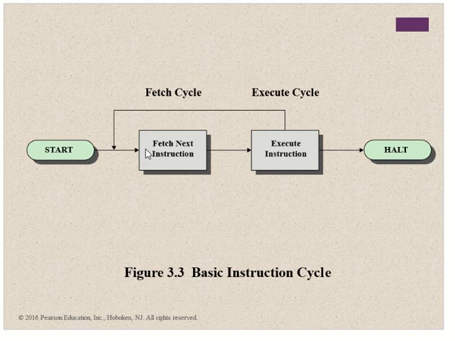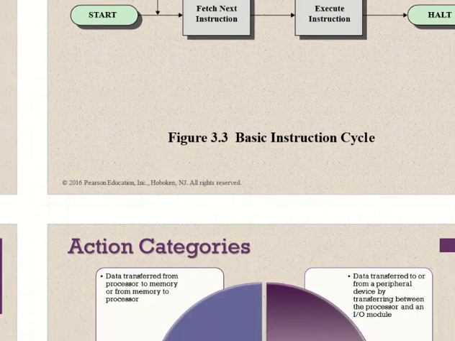Go back again, fetch the third instruction, execute the third instruction. Can you see this fetch cycle and execute cycle? They go in a loop, one after another, until the last instruction is executed. So this is the basic instruction cycle.